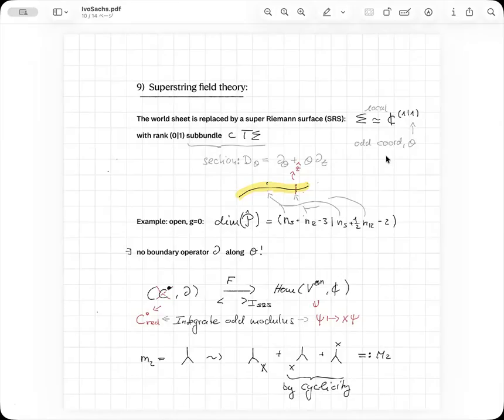Now a super Riemann surface means that you add a second coordinate. You have an odd coordinate. You need also an odd coordinate to parameterize this. And then the transition functions between two coordinate patches will not be conformal, so not holomorphic, but superconformal, which means basically supersymmetric.